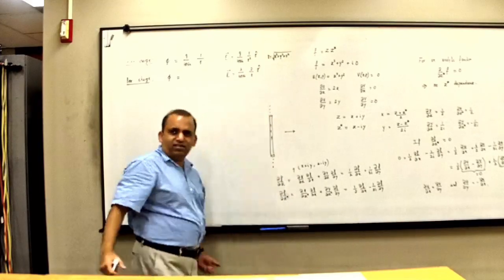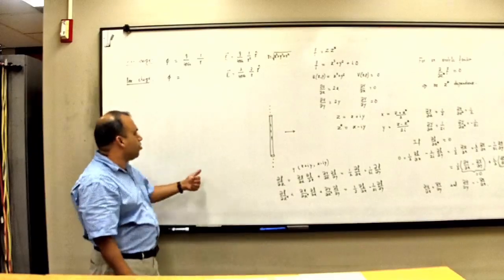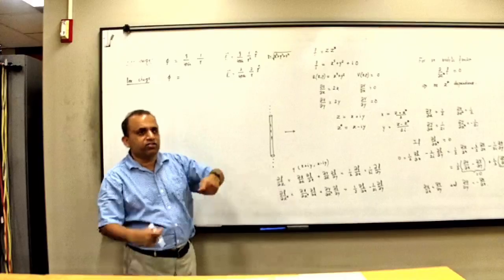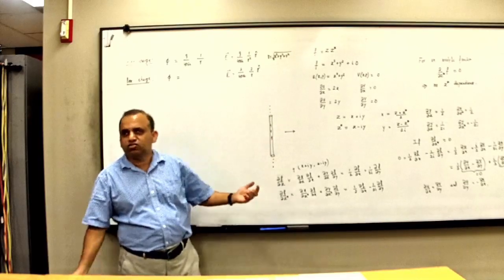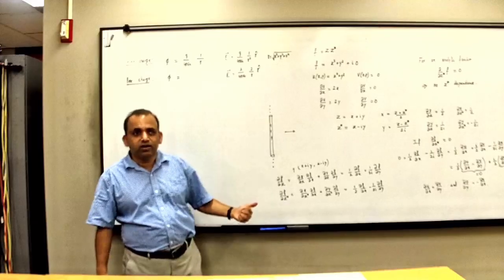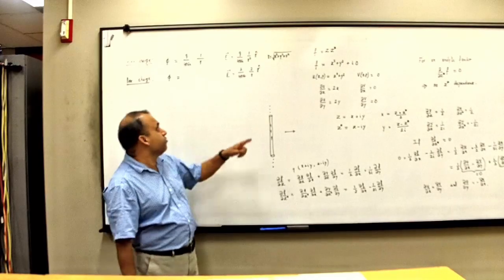What is lambda here? It is charge per unit length. There is no point in talking about charge because it's infinite. If it is an infinitely long wire, there is too much charge there. You cannot talk about a charge. Length is also infinite, but charge per unit length is a well-defined quantity, so it's a density that comes.